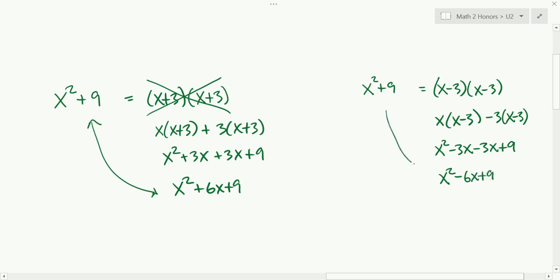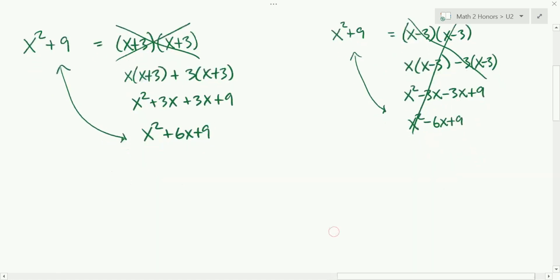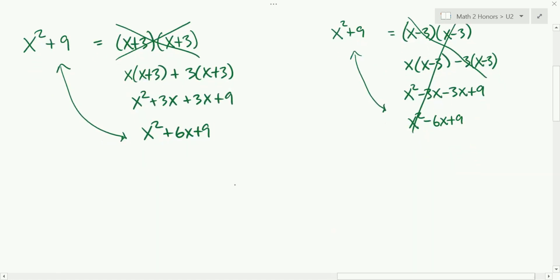Is that the same? No, still not the same. X minus 3 times x plus 3. That would be negative 9, yep.